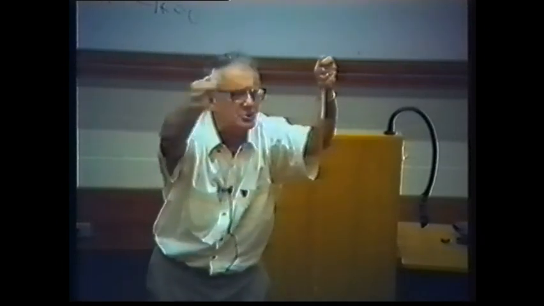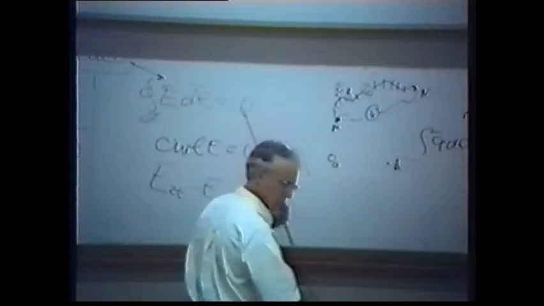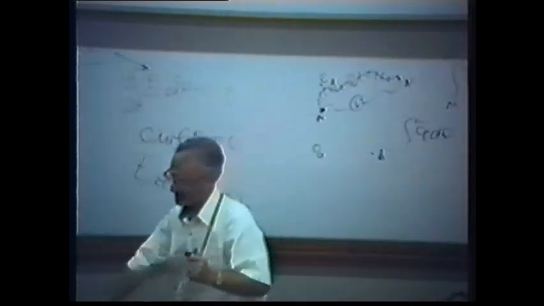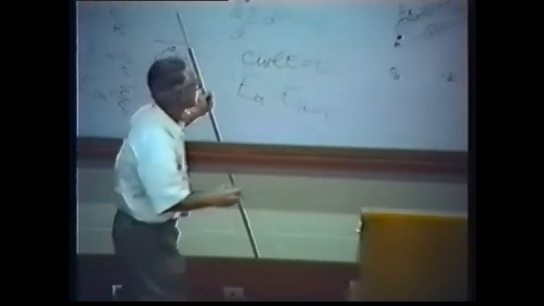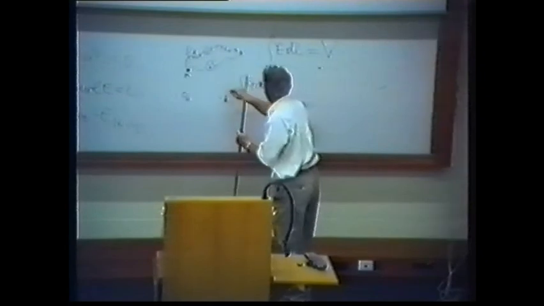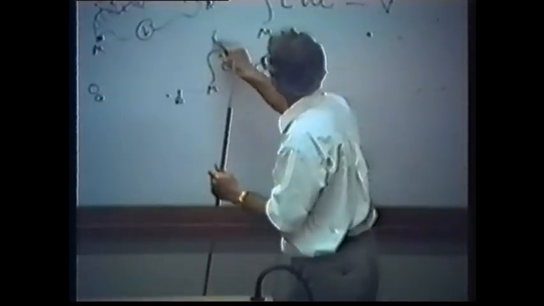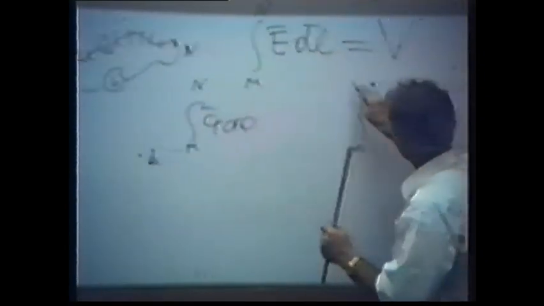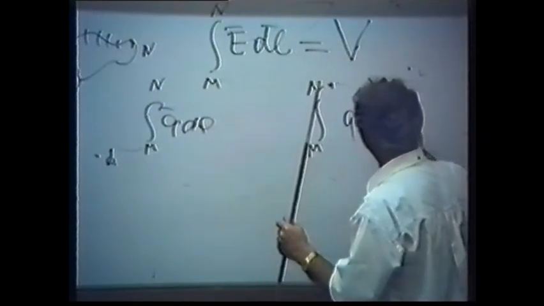Let us mentally again calculate this integral: the gravitational field through the mountains at each point times length. You follow me? So that's one path from M to N, and then from M to N another path.